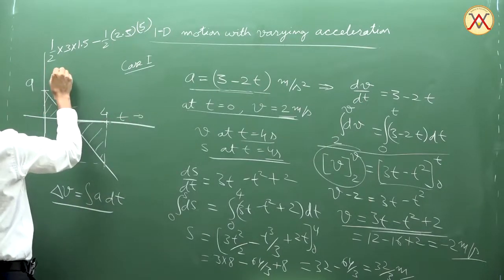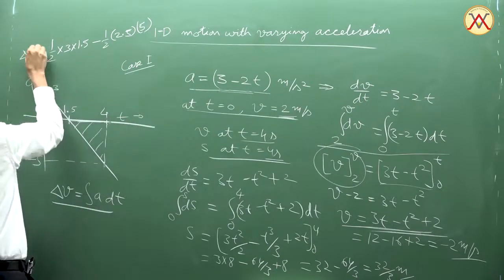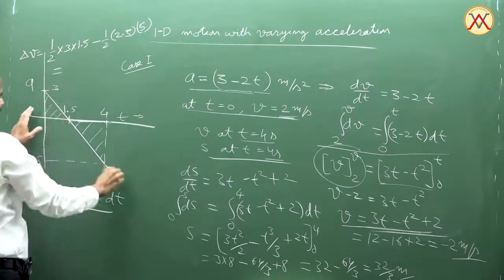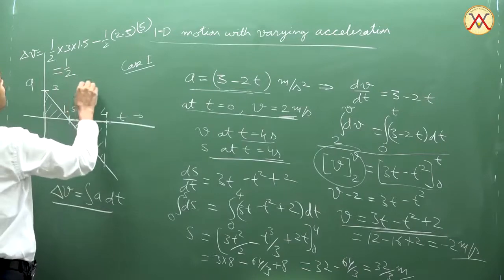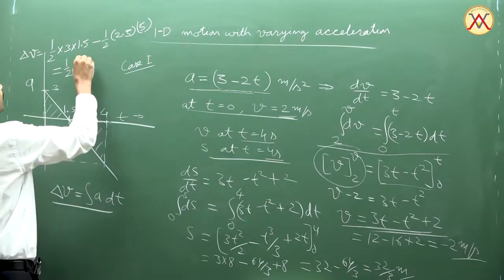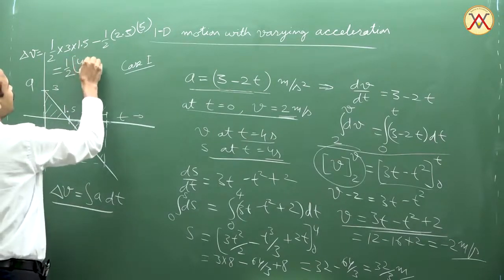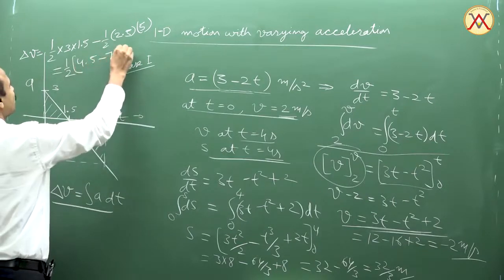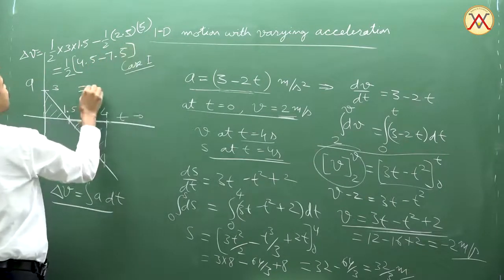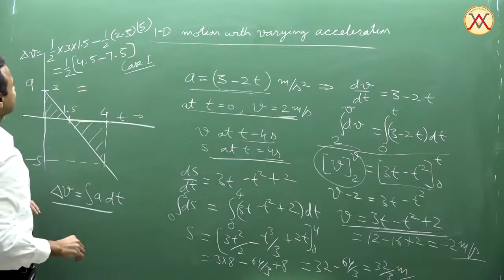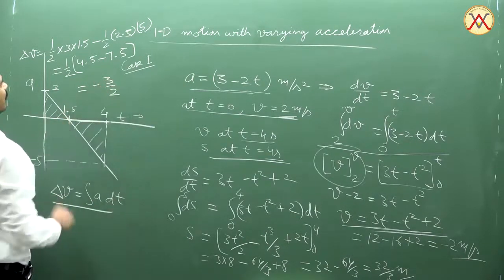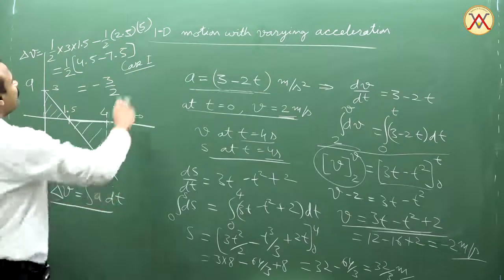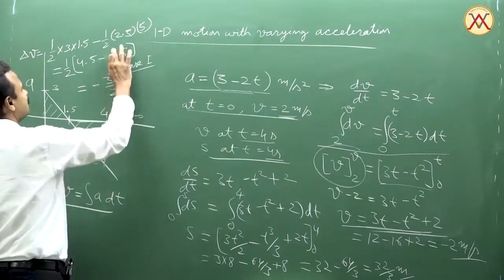So you can see the change in velocity we were calculating by finding the area under the graph. It becomes half multiplied by 4.5 minus 7.5. So change in velocity is negative 3 by, this is 12.5 actually.